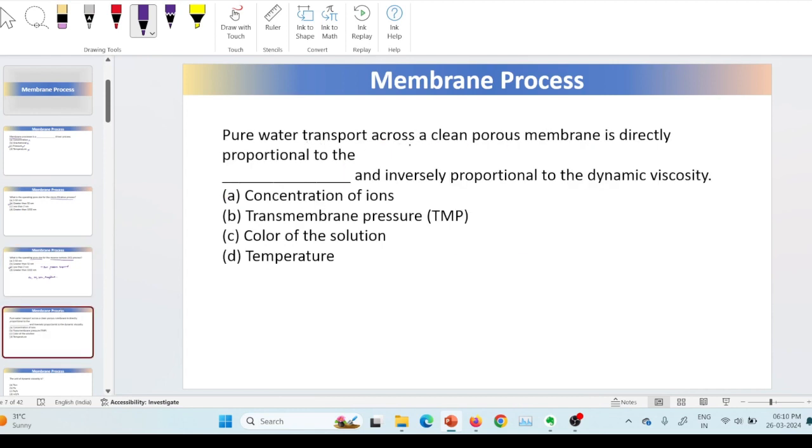Pure water transport across a clean porous membrane is directly proportional to the dash, and inversely proportional to the dynamic viscosity.